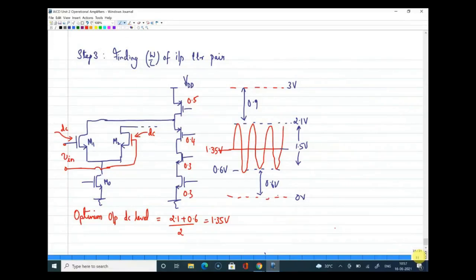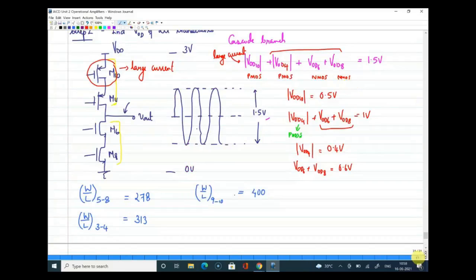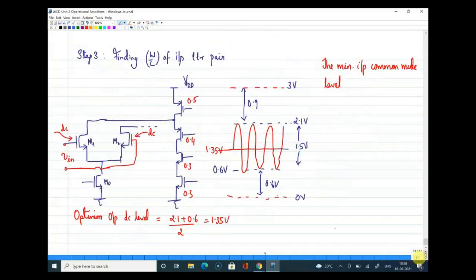So what I'm going to do now is, in order to find the input transistors' aspect ratio, I am considering the minimum input common mode level as equal to the output common mode level, or output DC level. I'll explain this once again.